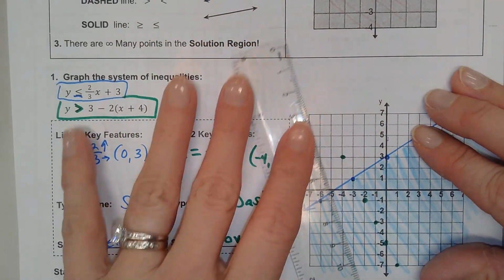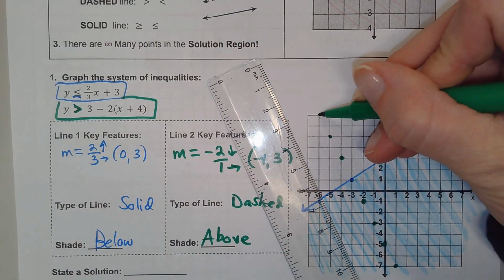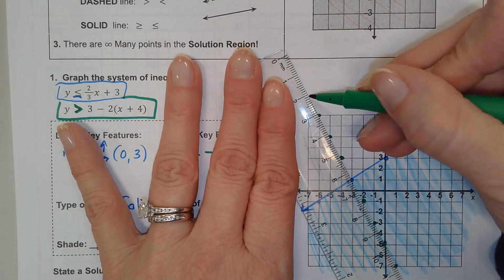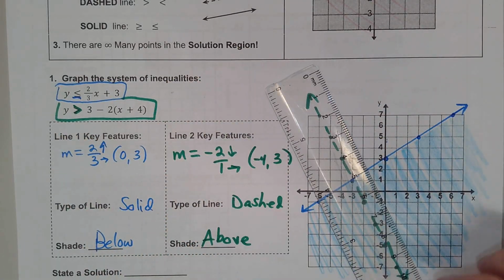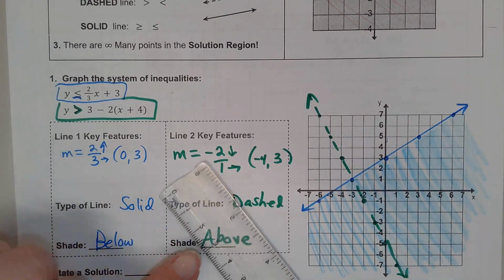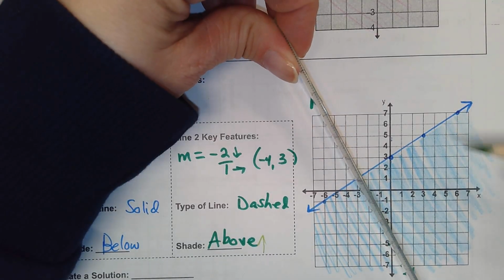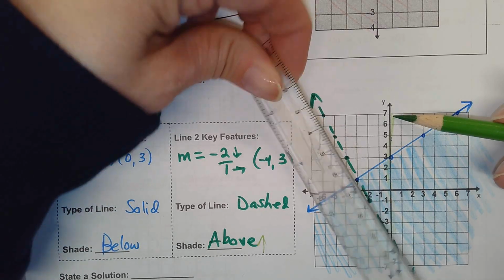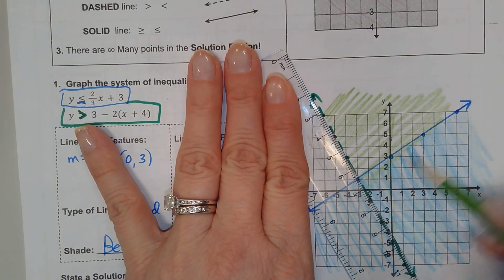Let's make sure we draw our dashed line. I'm going to put 2 more points going up so my line can be nice and precise. Okay, so I've got the inequality line graphed, and now I have to shade above. I have to go up. And so if you look at the y-axis, above the line is going this way. So everything above the line.